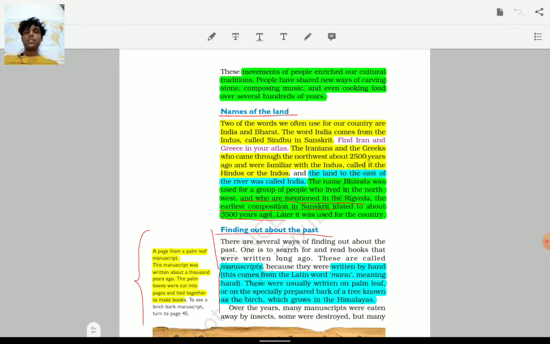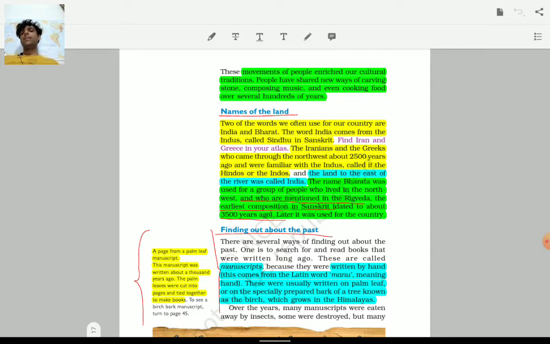It gives you a base for how civilization developed on the banks, how people contributed in composing different music and providing food, and how culture was established.